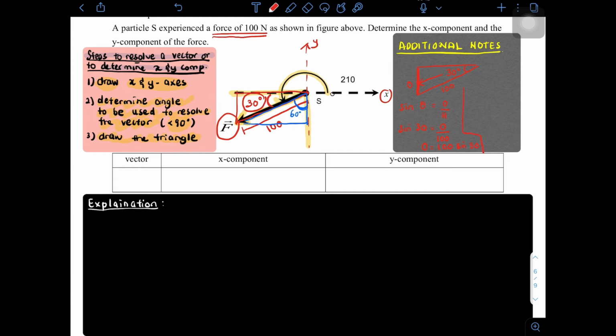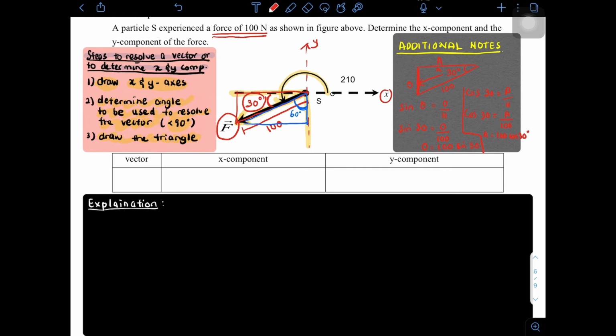If you want to find this one, the side adjacent to the angle, we can use cos. Cos theta equals adjacent over hypotenuse. So cos 30 equals adjacent over 100, and the length of your adjacent is 100 cos 30.